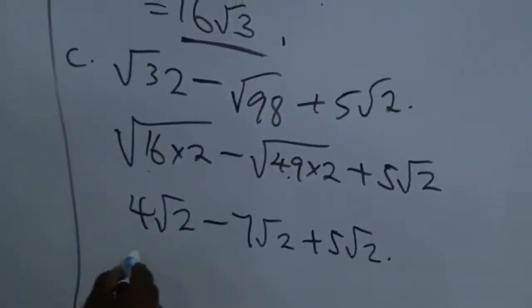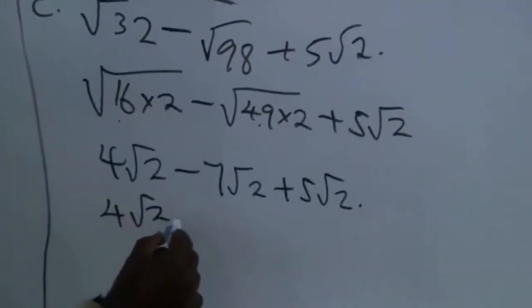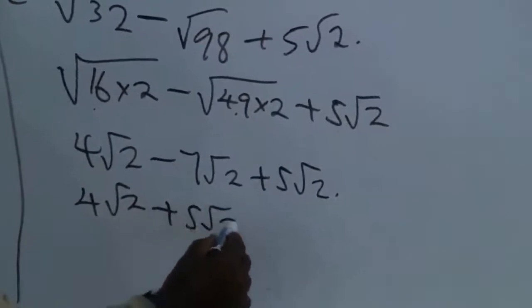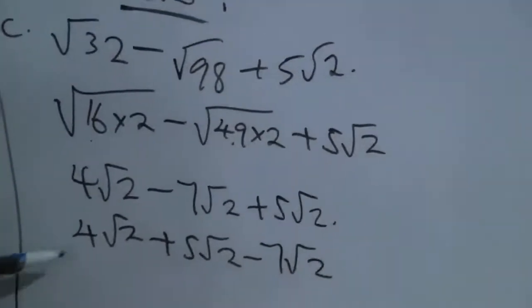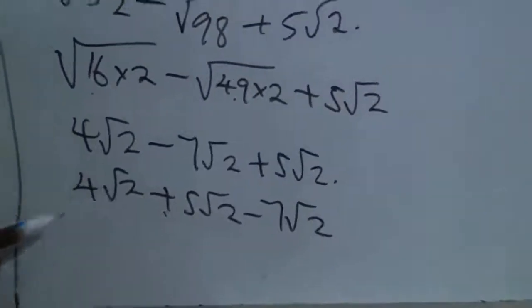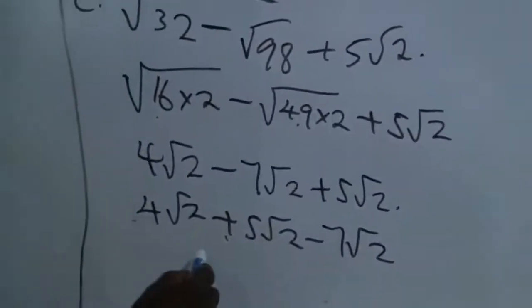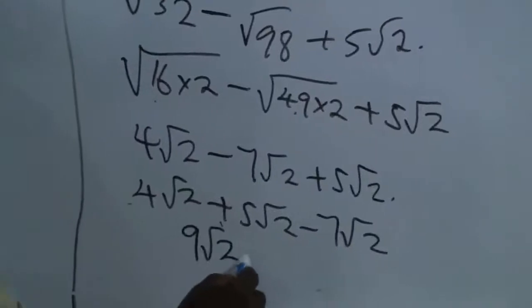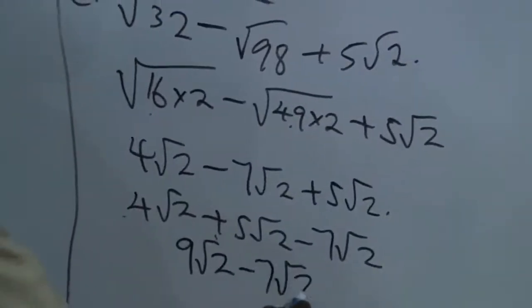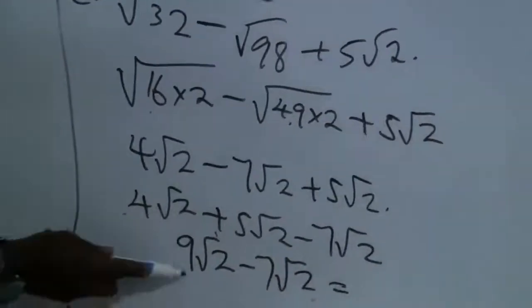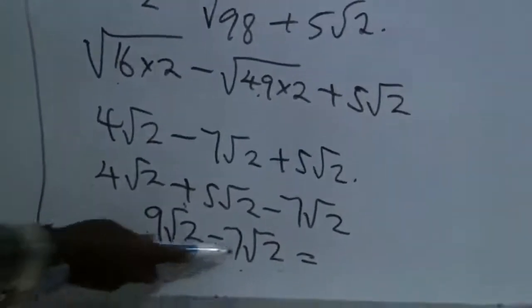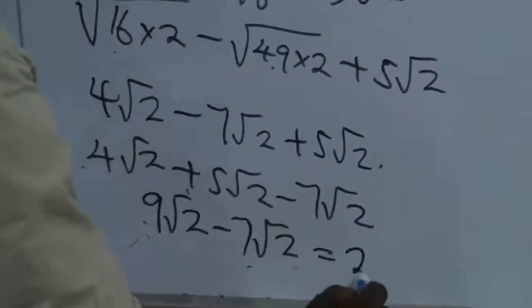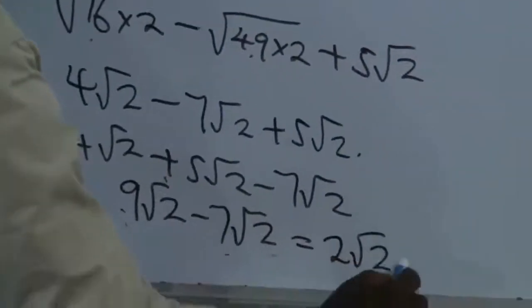And that means I will have 4 root 2 plus 5 root 2 minus 7 root 2. 4 root 2 plus 5 root 2 is 9 root 2. So we have 9 root 2 minus 7 root 2. Then we say 9 minus 7, which is going to give us 2 and then root 2.